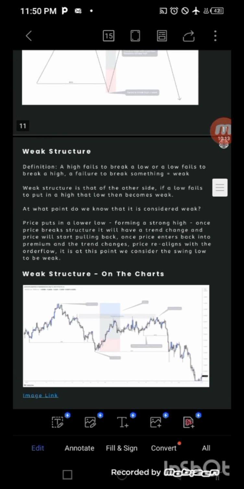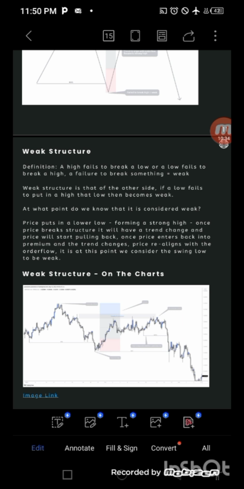So you have some weak structures. A high fails to break a low, or a low fails to break a high. A failure to break sometimes equals weak. So weak structure applies to both sides. If a low fails to break a high, that low then becomes weak.